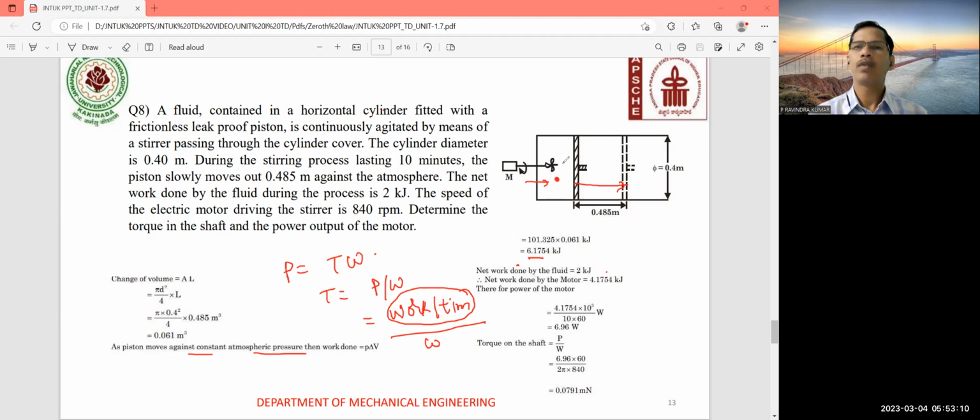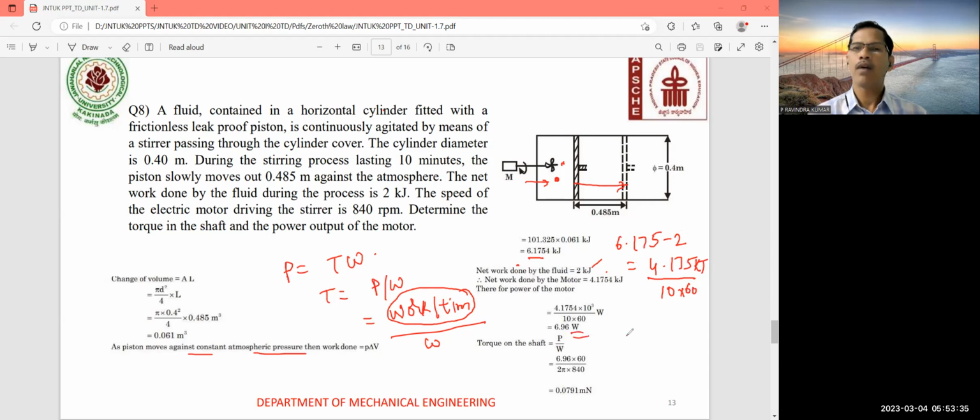The net work done by the fluid is 2 kilojoules, so 6.175 minus 2 kilojoules, you will get the net work, 4.175 kilojoule. Observe this, this is kilojoule, and this is lasting for 10 minutes, so it is 10 into 60. You will get it in terms of watts.